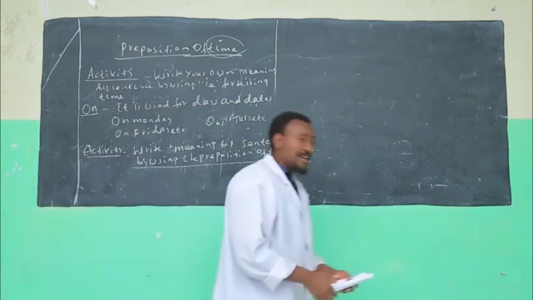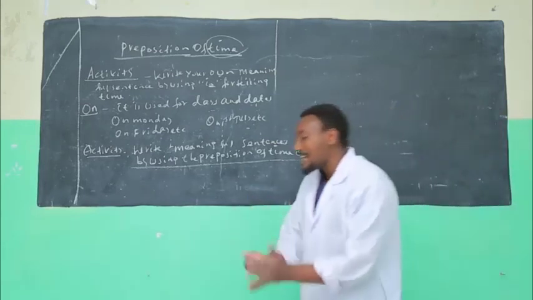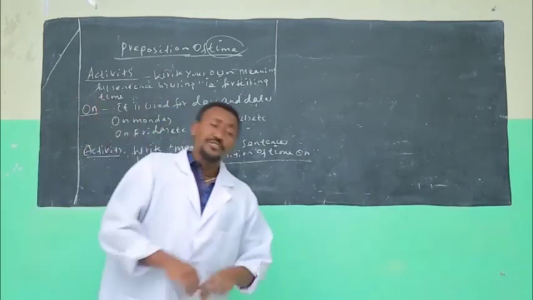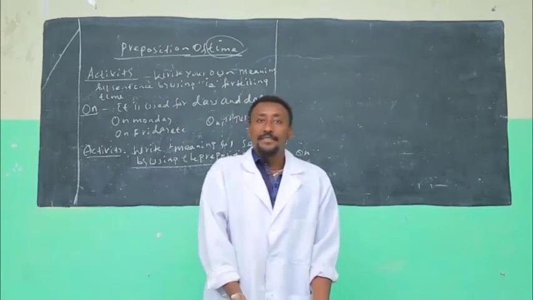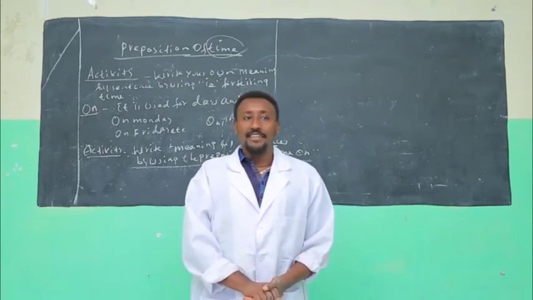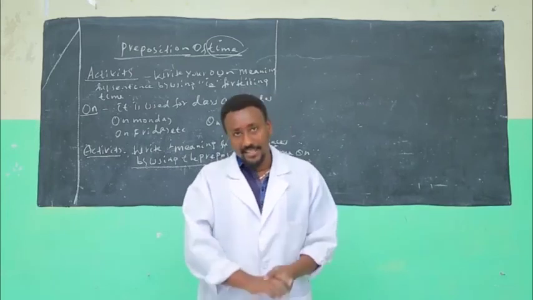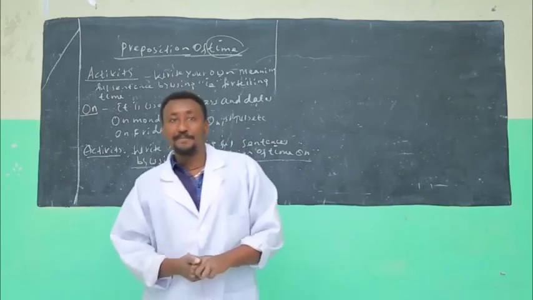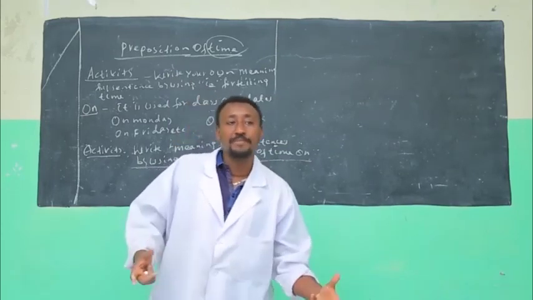Excellent, you are. So, today we have seen prepositions. We say that we have different kinds of prepositions: prepositions of time, prepositions of place, and means of travel prepositions. They have their own differences and they may have their own similarities. But what we have seen today is prepositions of time. Prepositions of time are used for telling time. What are these prepositions?